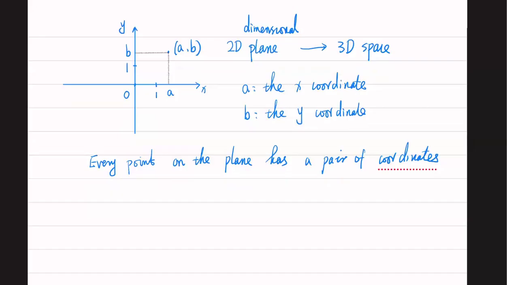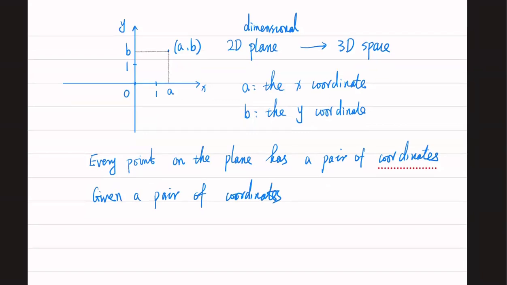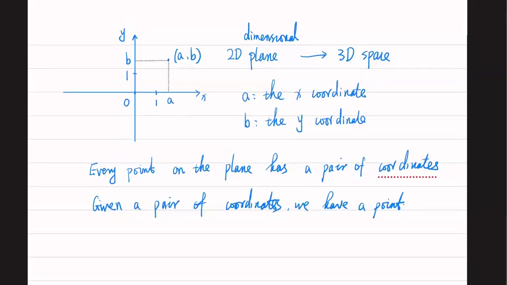Given a pair of coordinates, we have a point. It's similar to what we have for the one-dimensional case. One-dimensional has a line and a number; here, a point and a pair of coordinates.